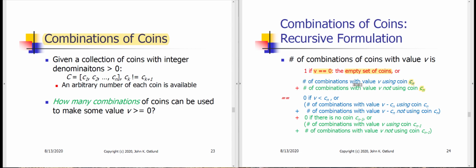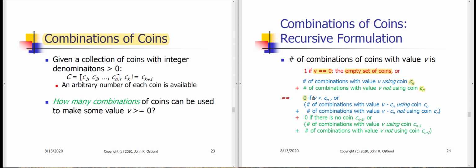Well, the number of combinations that have value v and that use coin Cn has to be 0 if the value that we're trying to produce for change is less than that coin Cn, which may seem a little strange because we're saying that this is the set that do use Cn, and yet if we can't use Cn, the number of combinations that do use Cn is 0. That does make logical sense.